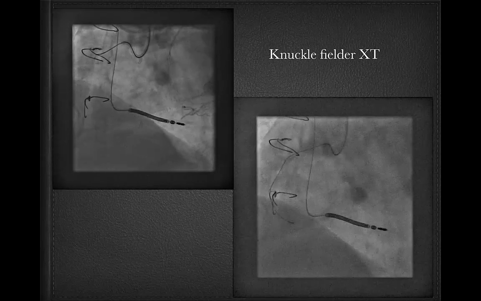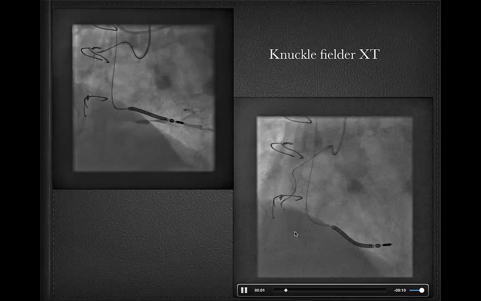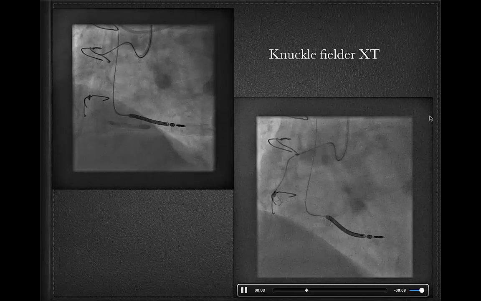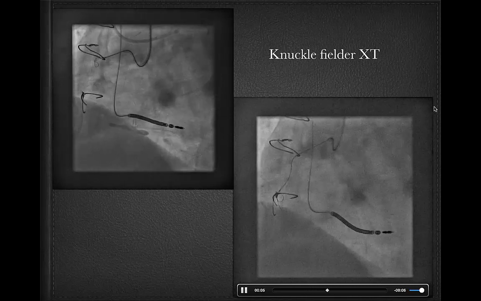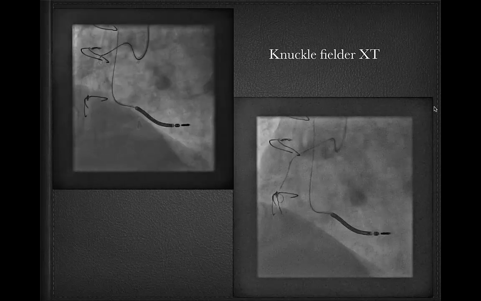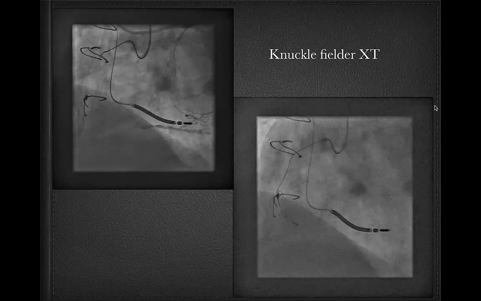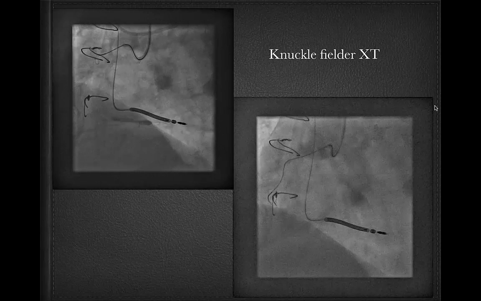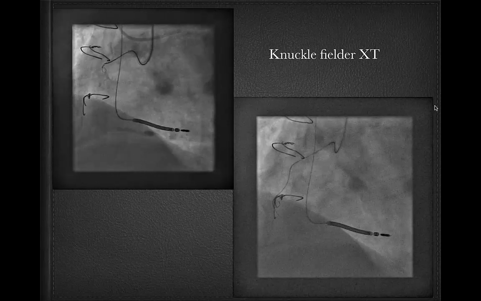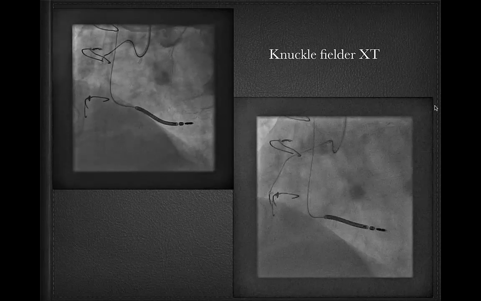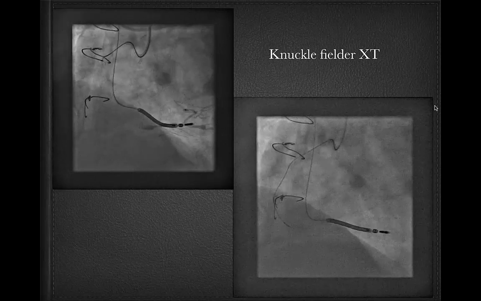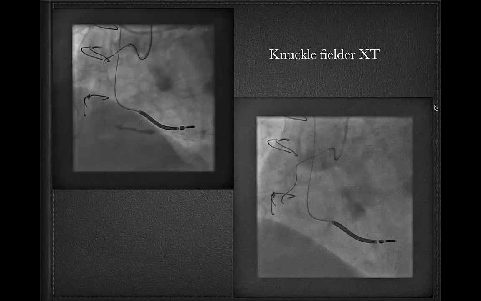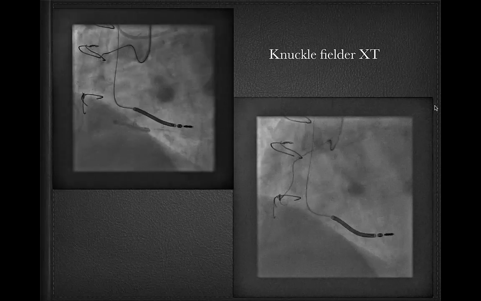Looks like getting good support, and you were able to get way down. Yes. So you can see in the down slide, I will advance the Confianza with my knuckle. Now I have a good support, and I am in the good position for my landing zone, as you can appreciate on the up slide.